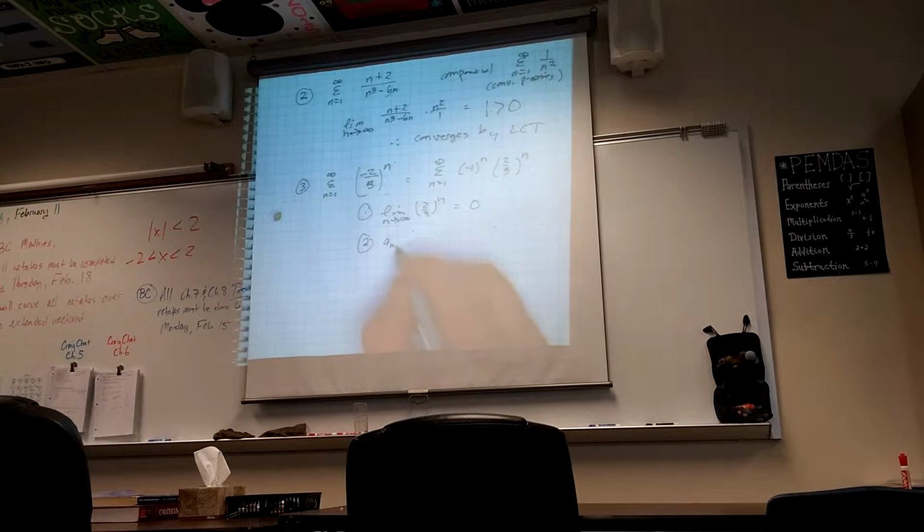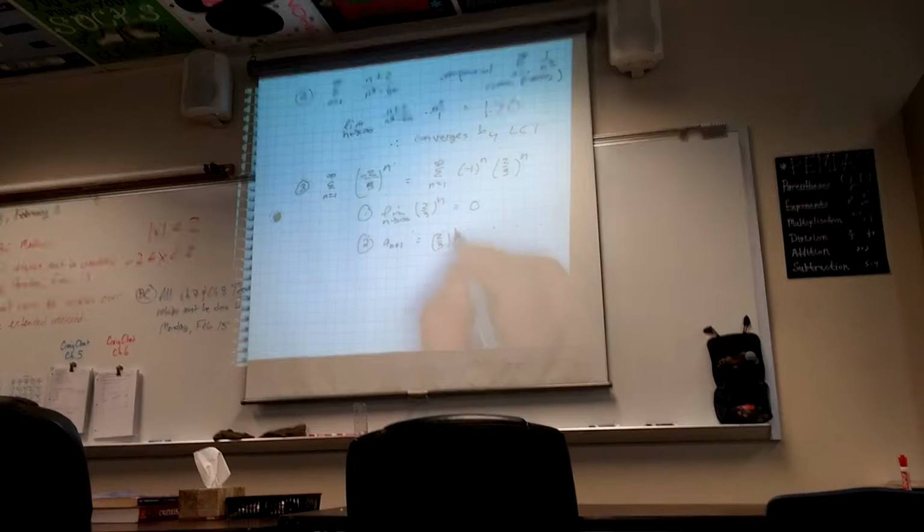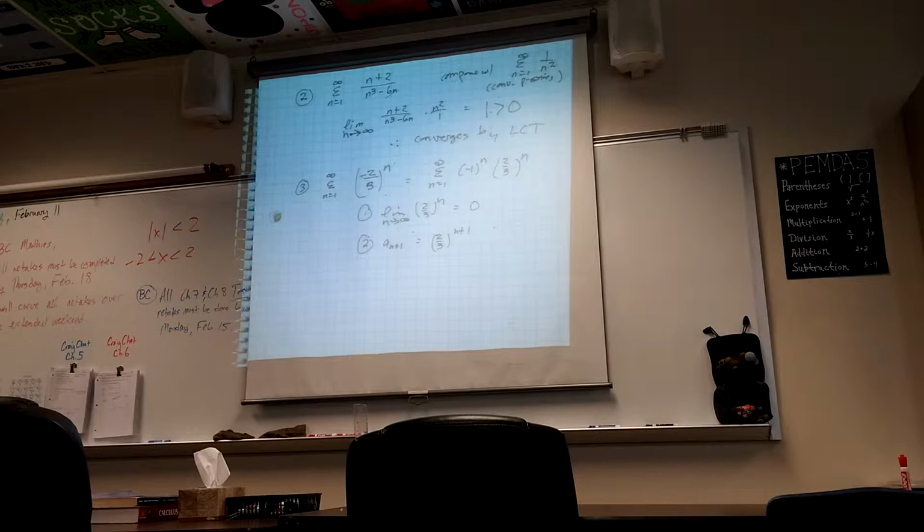Now, I need to take the n plus 1th term, which is going to be 2/3 to the n plus 1 power. Is that less than or equal to 2/3 to the nth power, which is a sub n? Yes.